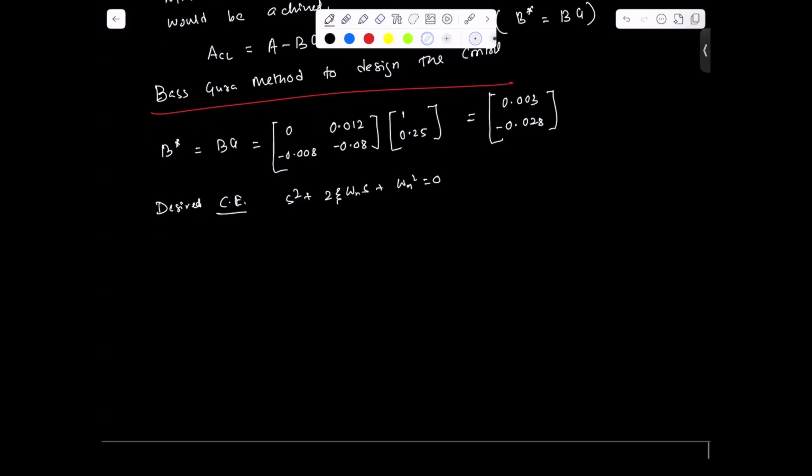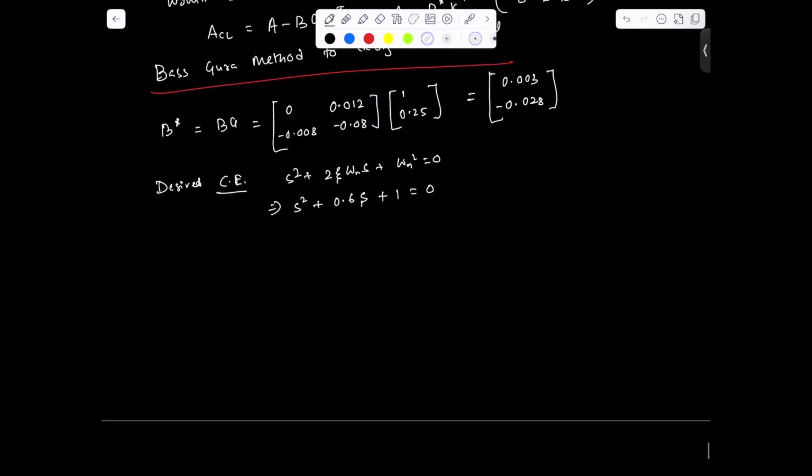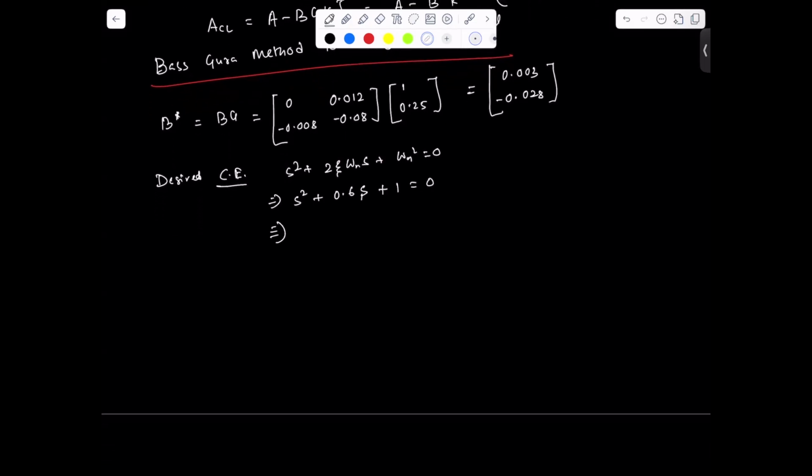If you substitute the damping ratio and natural frequency, we have the equation s squared plus 0.6 s plus 1 equal to 0. This equation you can also represent in terms of alpha, as you did before in the Bass-Gura method: s squared plus alpha 1 s plus alpha 2 equal to 0.